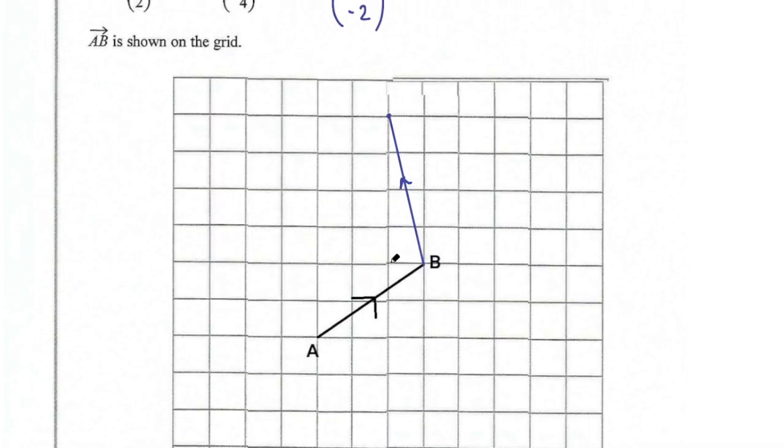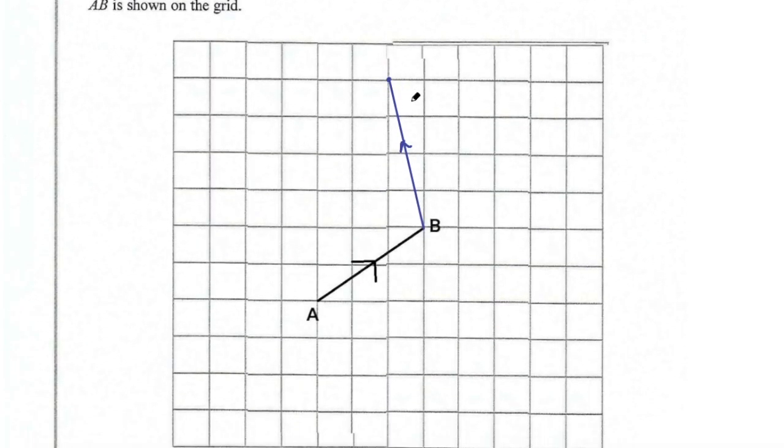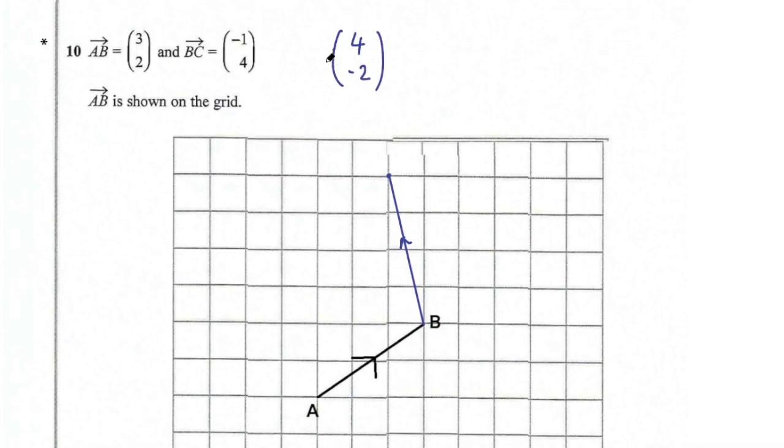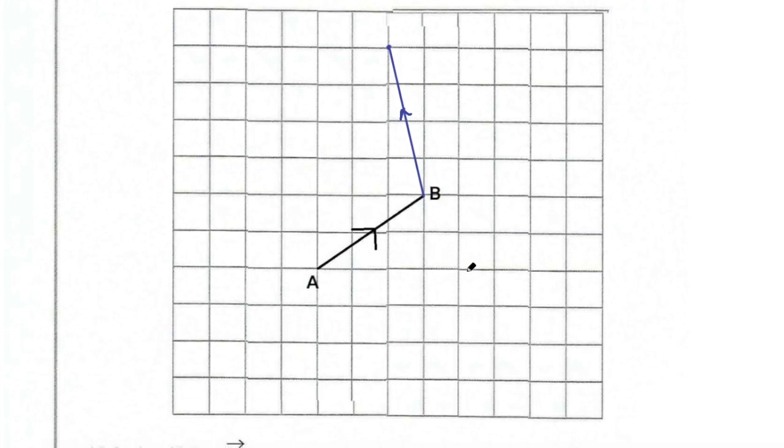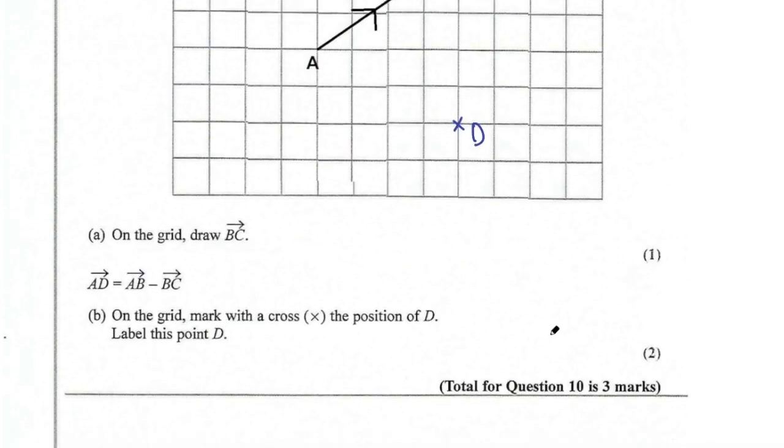Or you could do it graphically and use the negative of this vector to get D. Either way will work, so I'm just going to use this vector by subtracting the 2. So I need to go 4 across from A and 2 down to get D. So 4 across and 2 down will give me this point here, and I need to label that D for 2 marks.